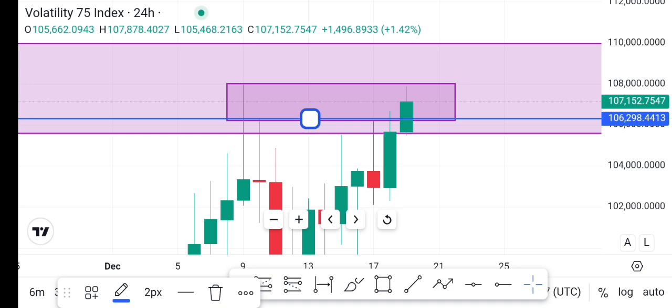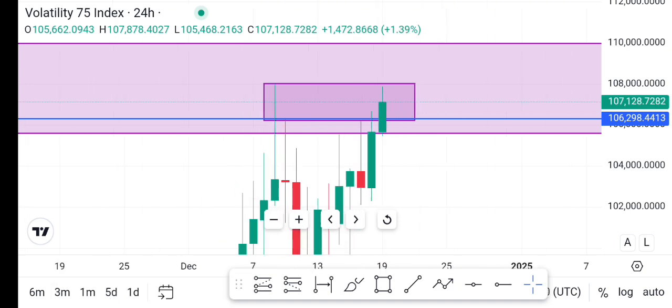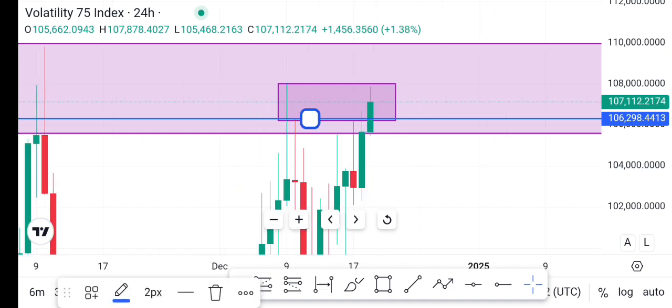It will not change this trend, even though our trend line has been broken, and it came back and retested it, and it shows that it will continue moving up. It might not go there.